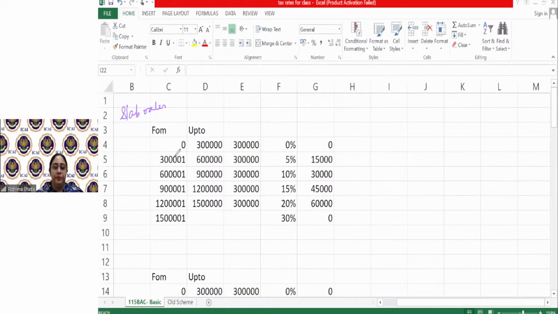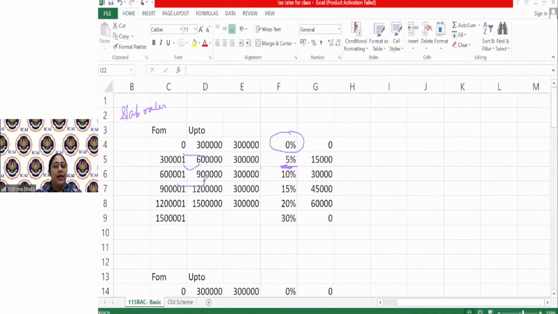From the perspective of slab rates, your entire taxable income is divided into slabs. So what are the slabs? For 0 to 3 lakh, there would be no tax. From 3 lakh 1 to 6 lakhs, that is on the next 3 lakhs, there would be 5%.